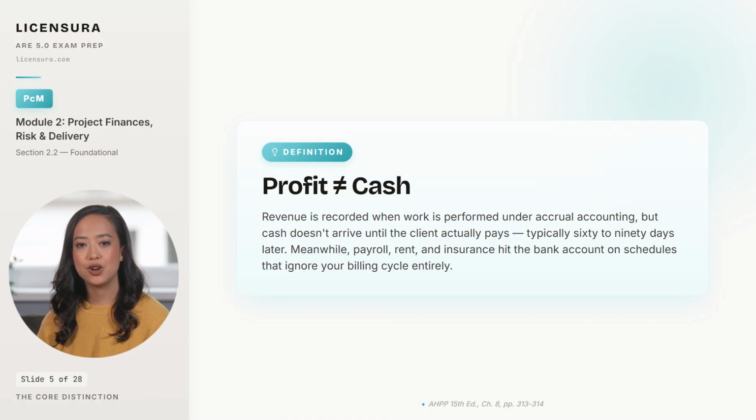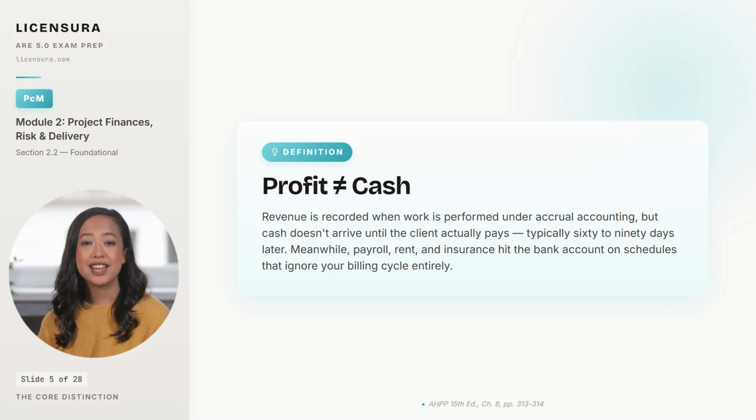The result is two separate timelines running side by side. The income statement timeline shows a profitable firm. The cash timeline shows an operating account that drains every 2 weeks for payroll while waiting for clients to send checks. When those two timelines drift far apart, the firm runs out of money to pay people who are working on profitable projects. That is how a firm goes bankrupt while showing a profit.